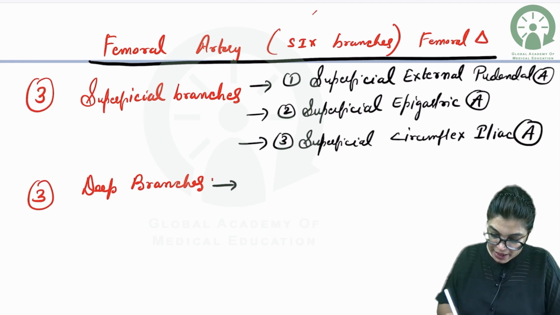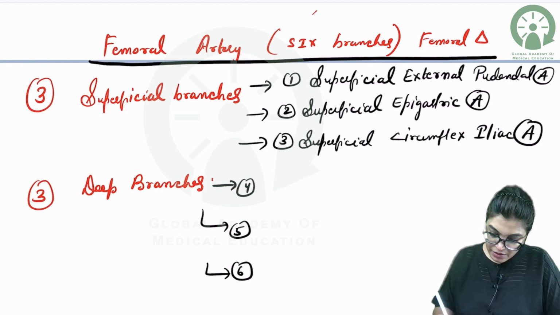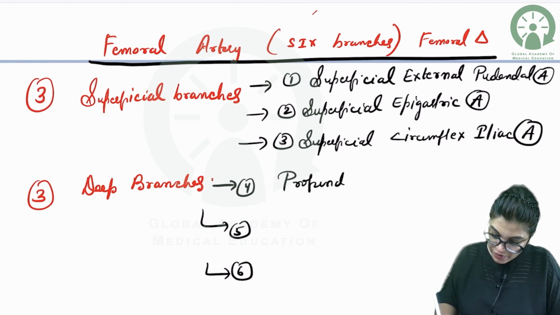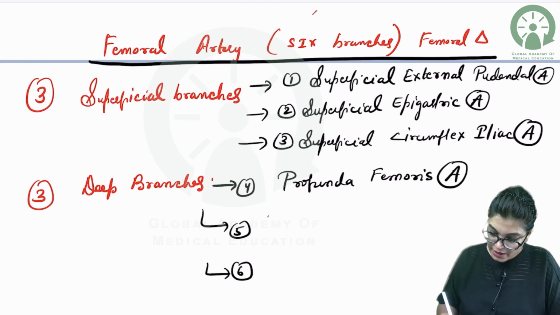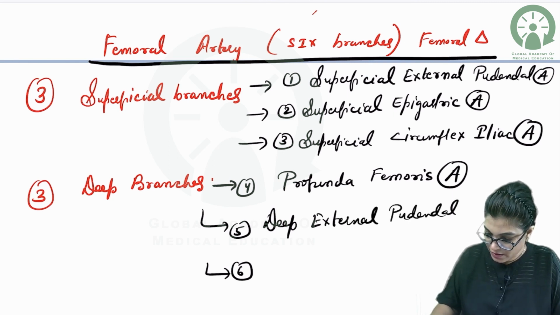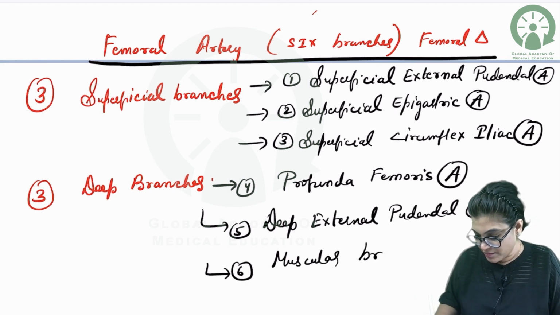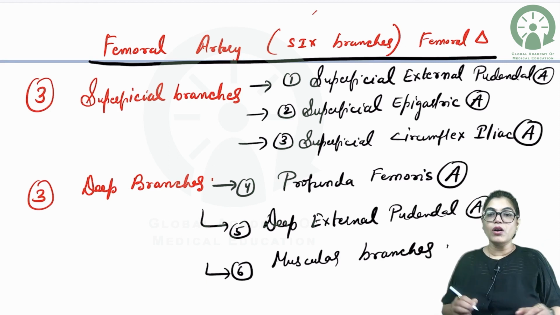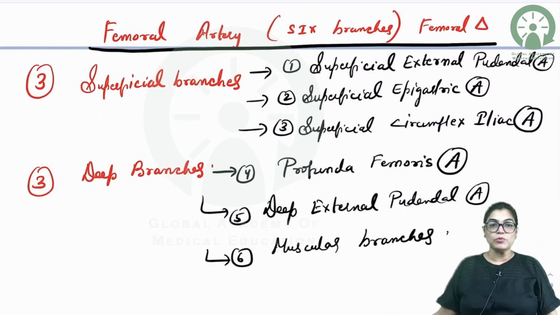The 3 deep branches are profunda femoris artery, a very important branch of femoral artery, deep external pudendal, and the muscular branches. So all these 6 arteries are the content of femoral triangle.